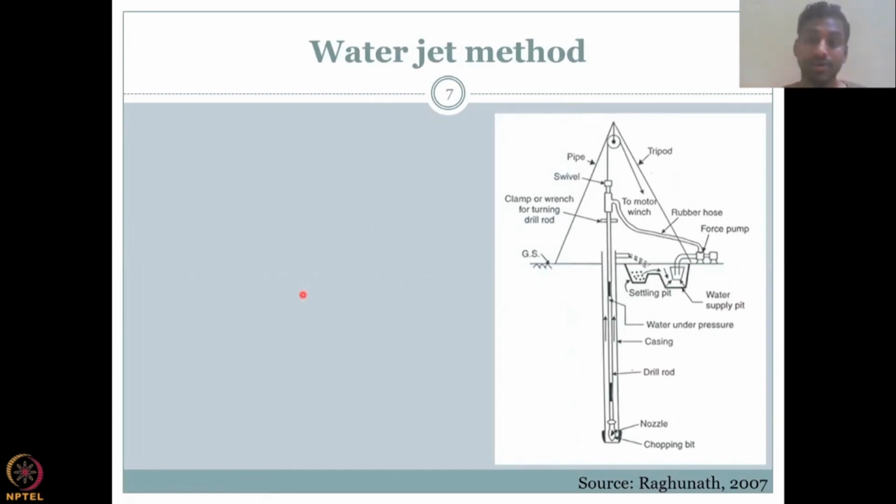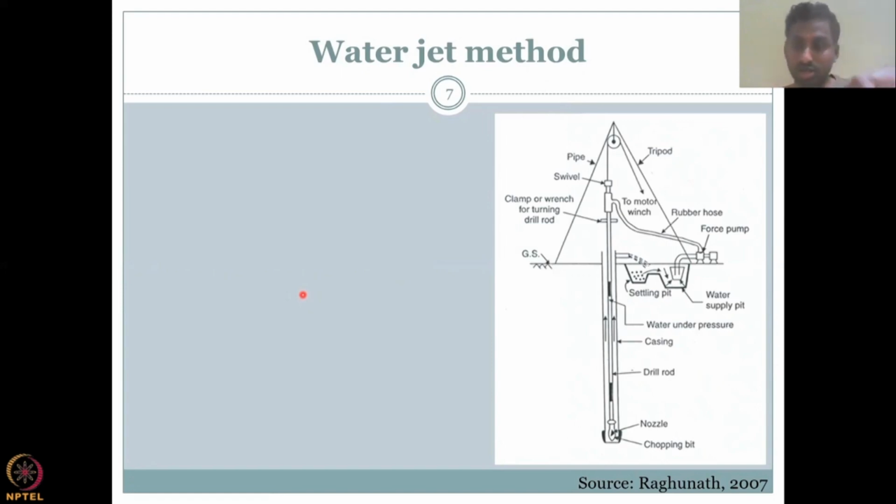Okay, the water jet method is part of your drill method, where you drive down the tube, but sometimes you need to remove the debris. In the previous example, you cannot remove the debris. In this example, you could remove the debris using a water supply.